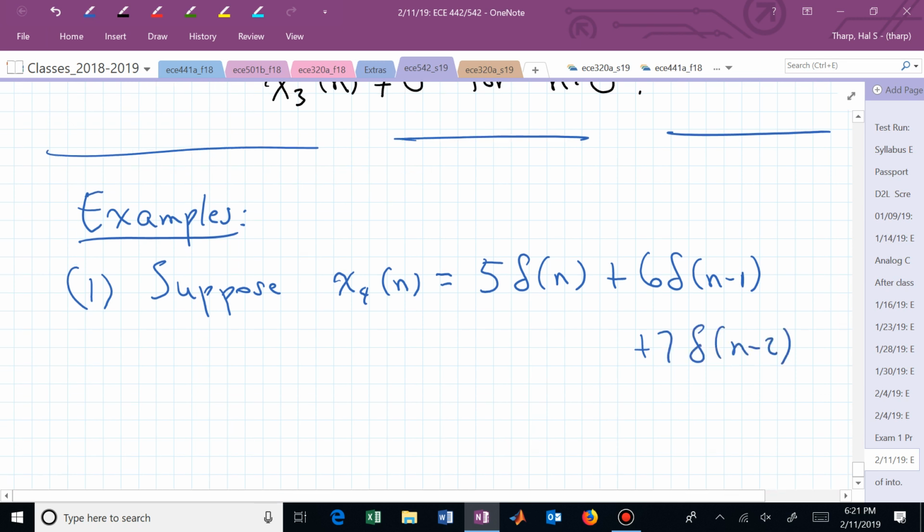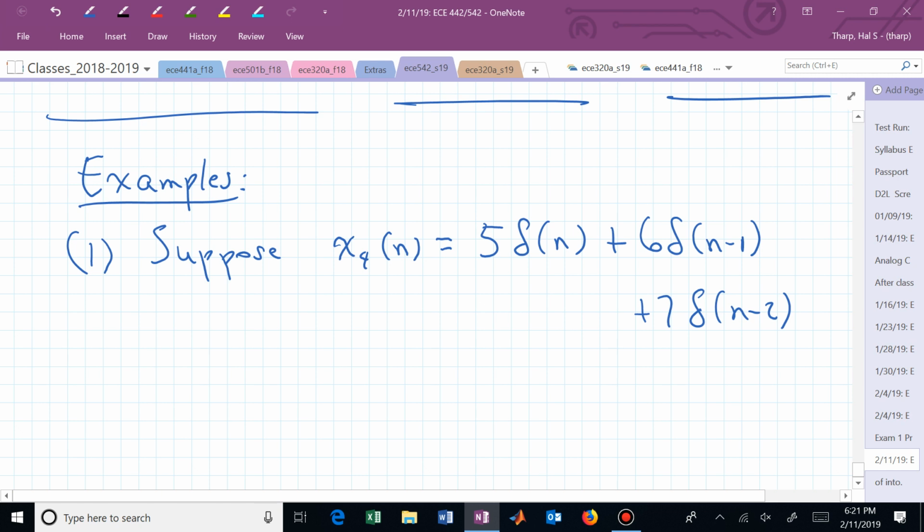I'm getting very creative with the magnitudes on those delta functions. Kronecker deltas. They're equal to 1 when its argument is equal to 0.